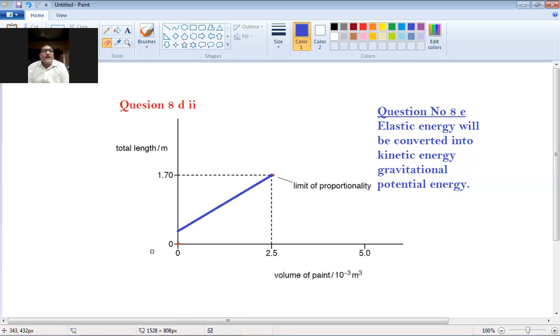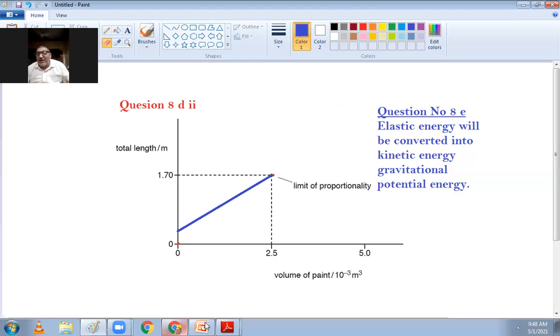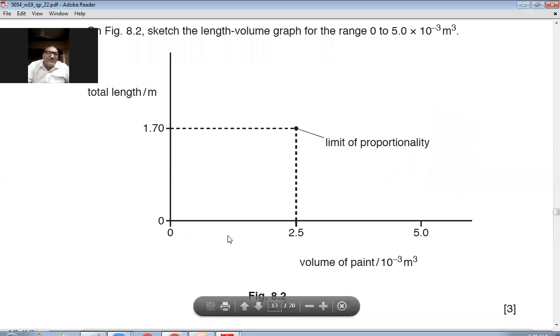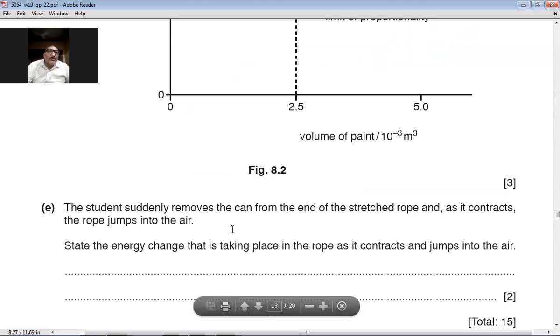When he draws a length and volume graph, he will pass his straight line graph through the origin. You are not supposed to pass it through the origin because when there is no paint in the can, even when there is no load, the rope will have a certain length. So very famous mistake. I was just trying to show you this. Okay, so this is done.